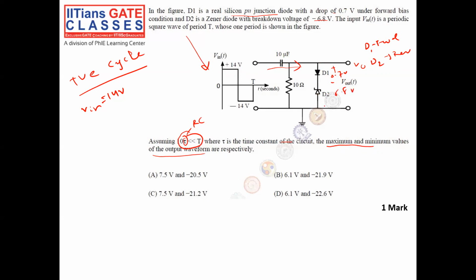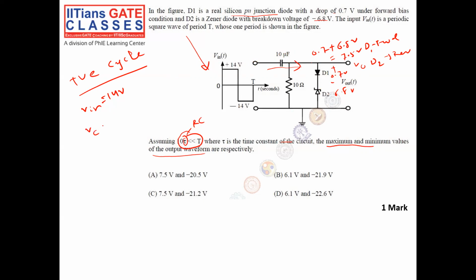So if we apply 14 volt, the output cannot go more than the D1 plus D2 voltage drop. So it will be equal to 0.7 plus 6.8 volt, which is 7.5 volt. So during the positive half cycle, when I apply 14 volt, instantaneously my capacitor will charge to my input minus output.